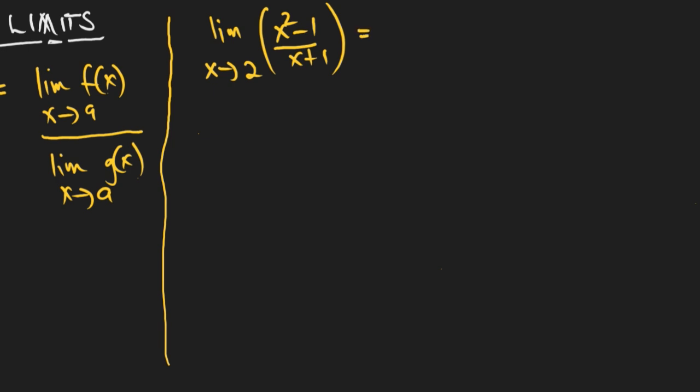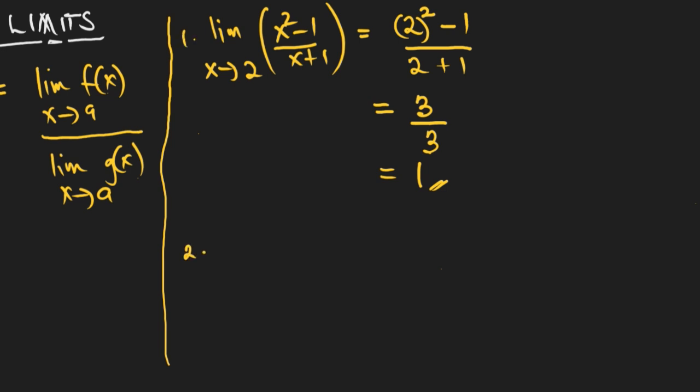So what I have will be, in place of x I put 2, so that will be 2 squared minus 1 over 2 plus 1, and that will give me 4 minus 1, that is 3, over 2 plus 1, which is 3, and this gives me 1 as my answer. Always know that the denominator should not be equal to 0. Let's take another example.